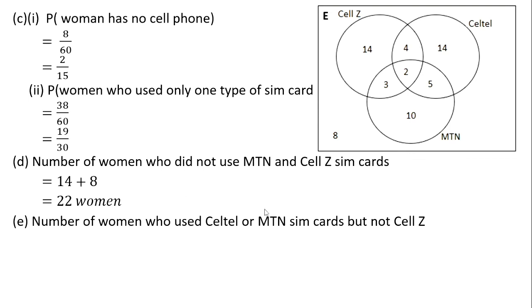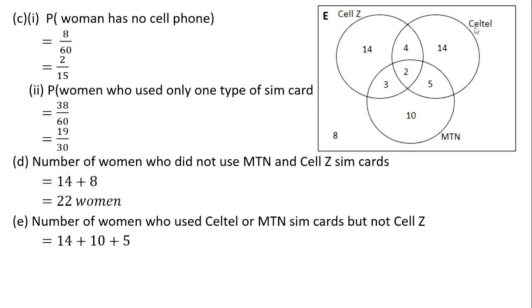Number of women who used Celtel or MTN but not Cell Z. So we have 14 plus 10 plus 5.